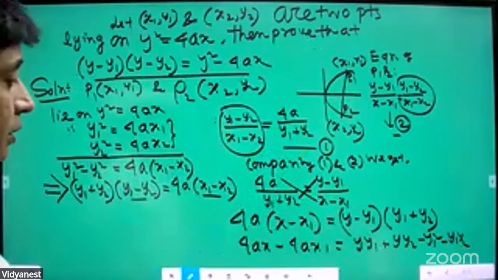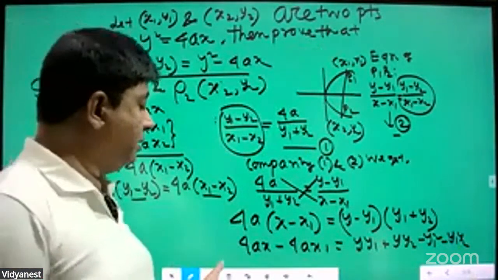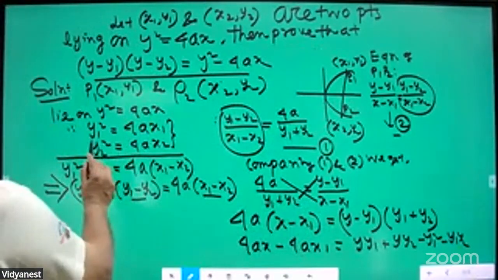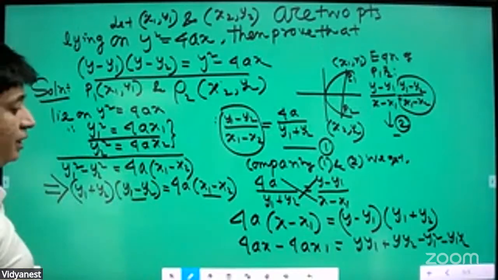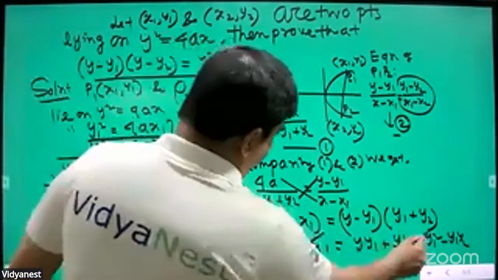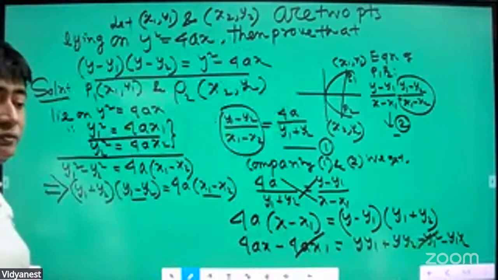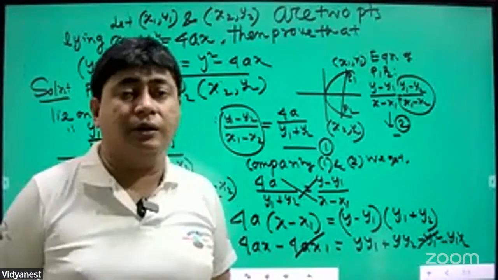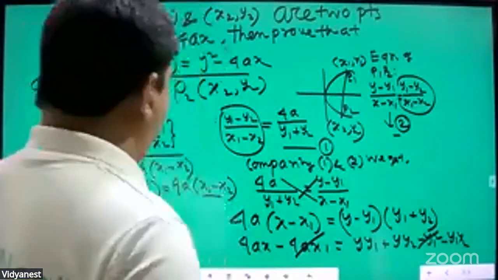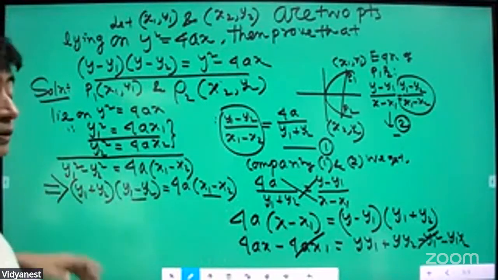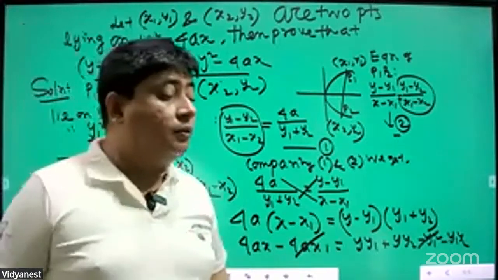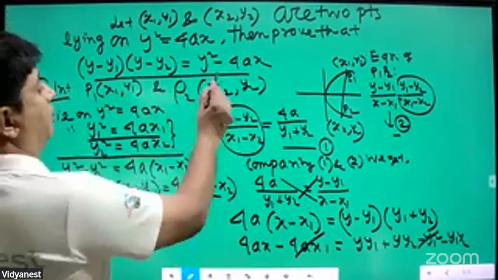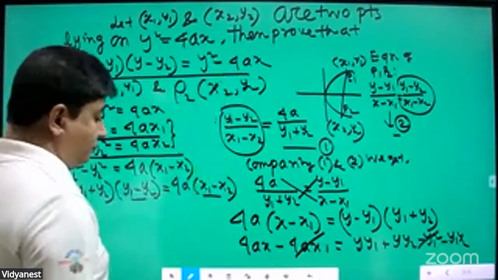So how does it help you to simplify? Here you see y1 squared is equal to 4x1. So I can drop these two from both sides. Now you see we have got 4x, but here 4x is minus.